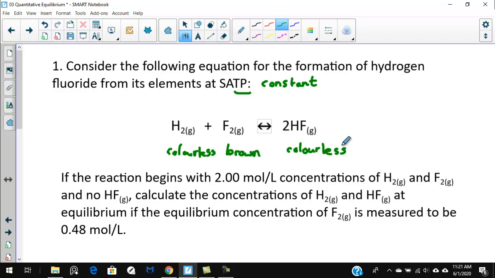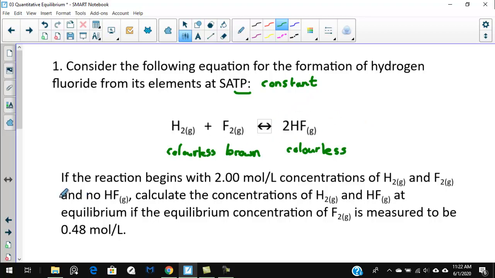So just so that you know it's possible, we will always be given the concentrations, but if you were to do this in a university lab, you would use what's called a spectrometer, and you'd be able to match the change in color to the change in concentration. In this one, because of the brown color, if we make more F2 it'll be browner, and if we make less F2, that orangey brown color will go away.